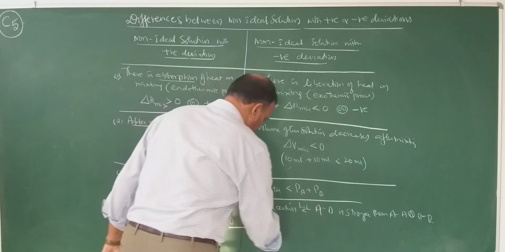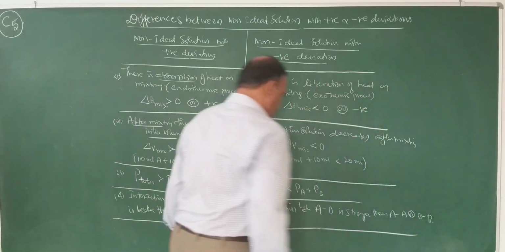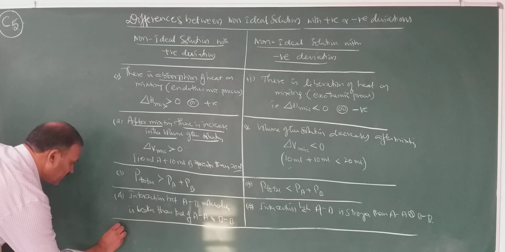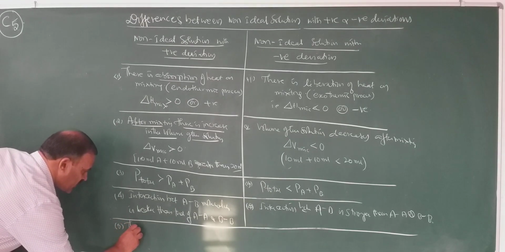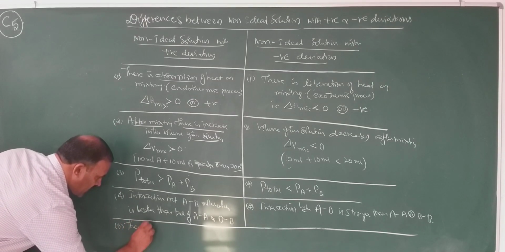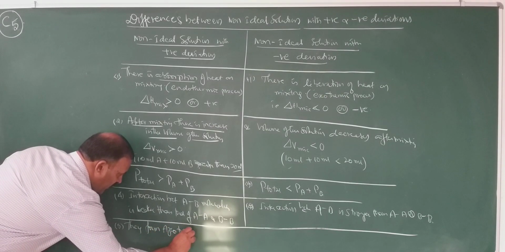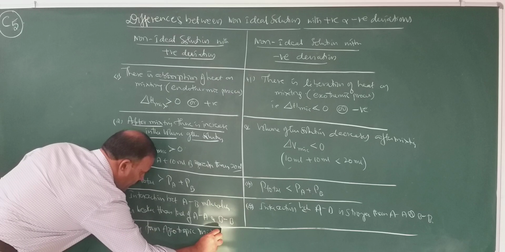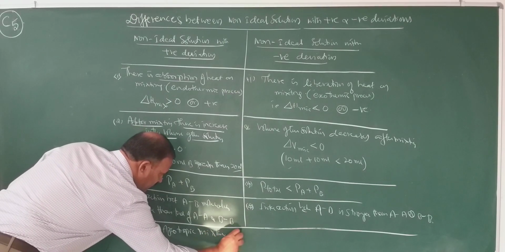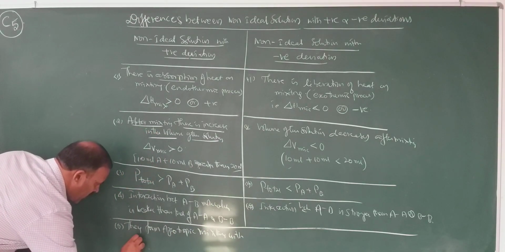And lastly, the fifth one, they form azeotropic mixtures. They form azeotropic mixture with minimum boiling point.